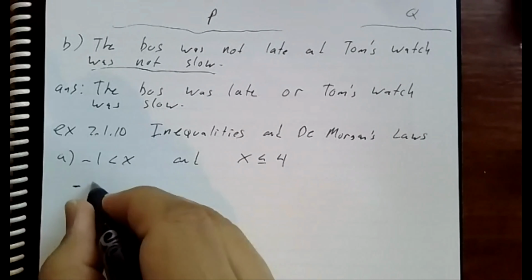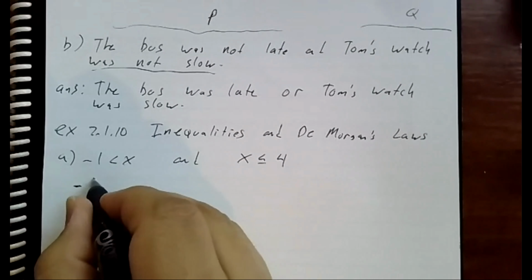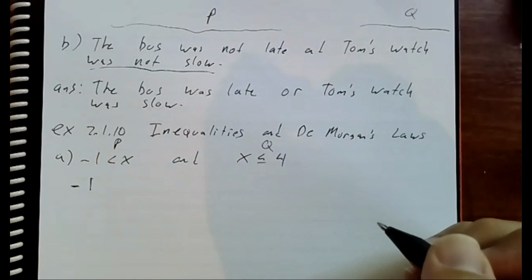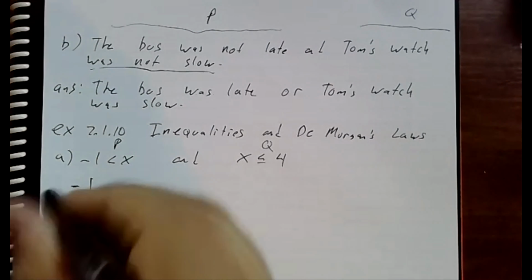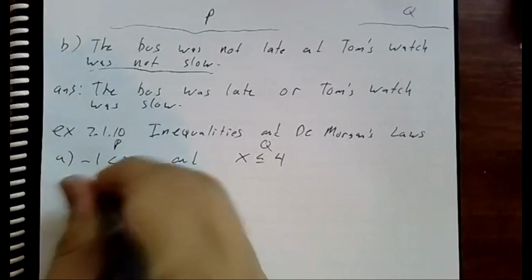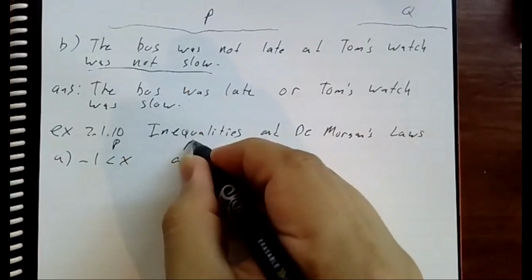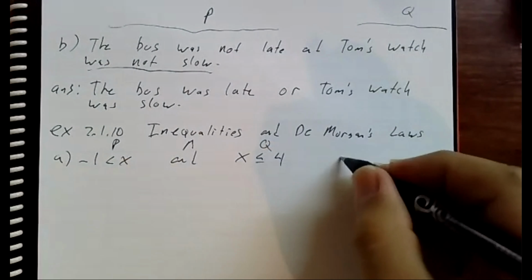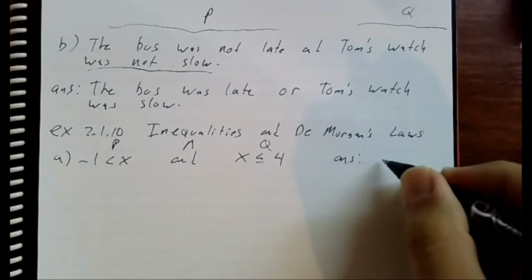So let's go and show that. If we negate this, this is like saying P and Q, right? And the answer would be not P or not Q, right? Using a little side note here, using De Morgan's law, that's what we would say.